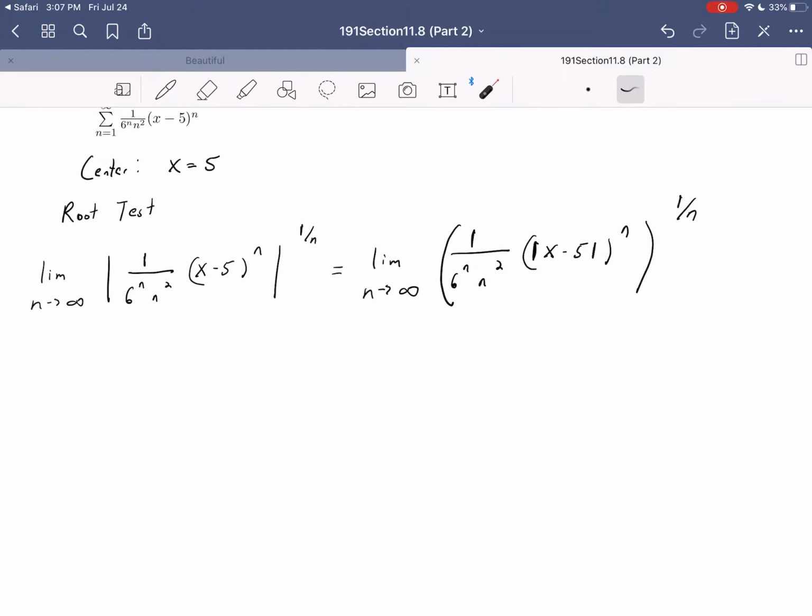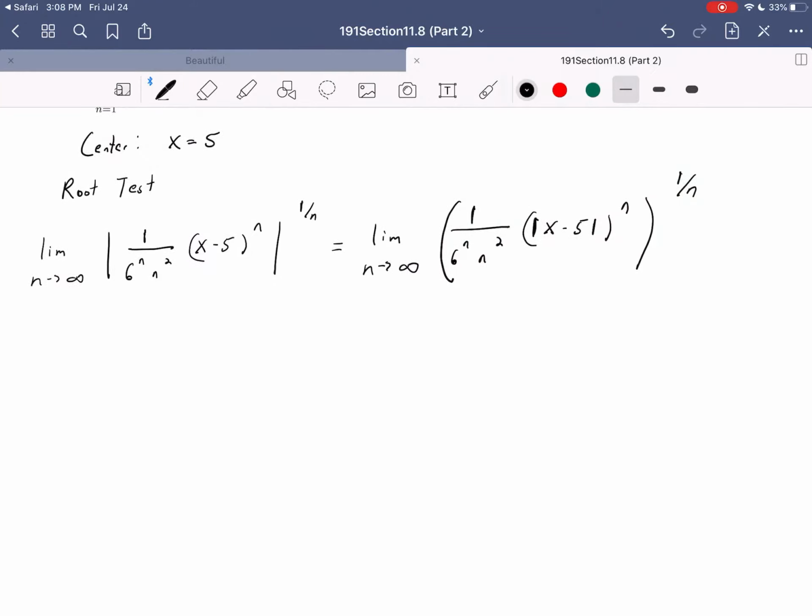Now we can apply this 1 over n exponent onto each term. And of course, power to a power, we multiply out those exponents. So we get the limit as n goes to infinity of 1 over 6, n to the 2 over n, and then absolute value of x minus 5.